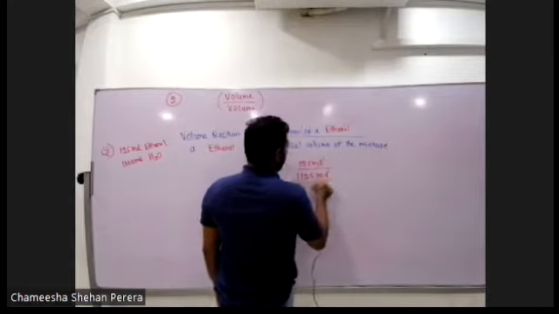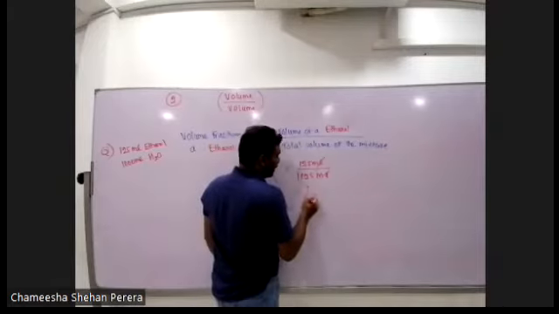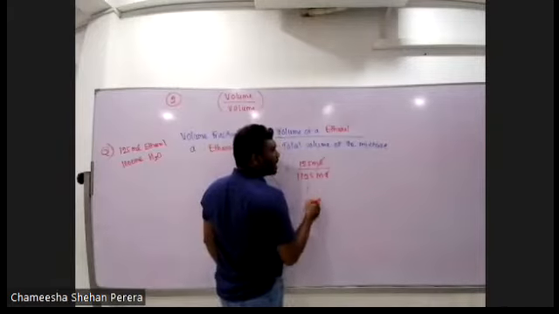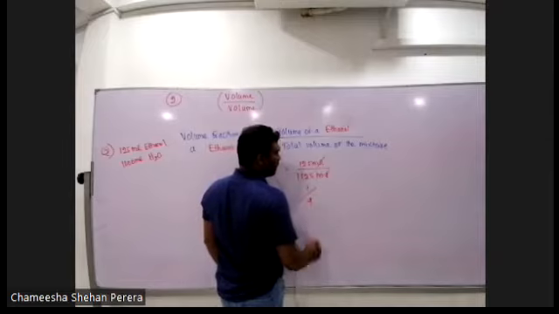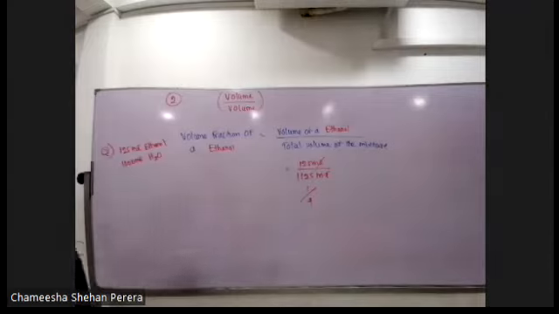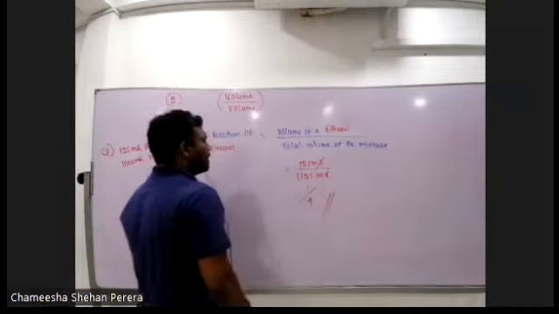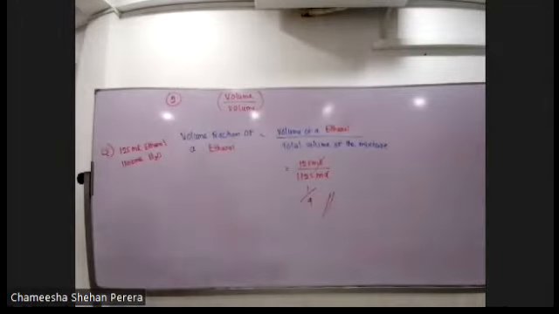Okay, so ml to ml cancels off. For 125, there's 1. For 1125, there are 9 125s. So 1/9 would be the composition.